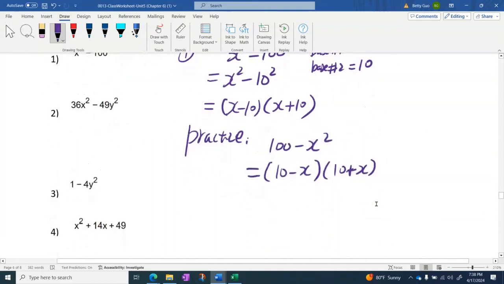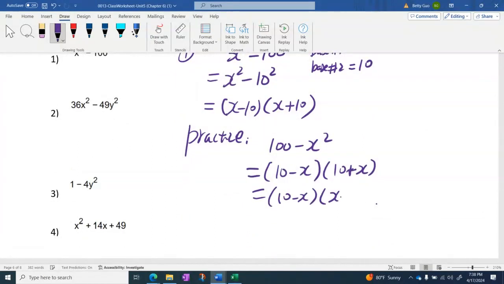So for the addition part, 10 plus x is the same as x plus 10. That's okay. You write x plus 10 or 10 plus x, doesn't matter. But for the other parentheses, you're going to put the difference of two bases. You have to be careful which one minus which one. It has to be the first base minus the second base.